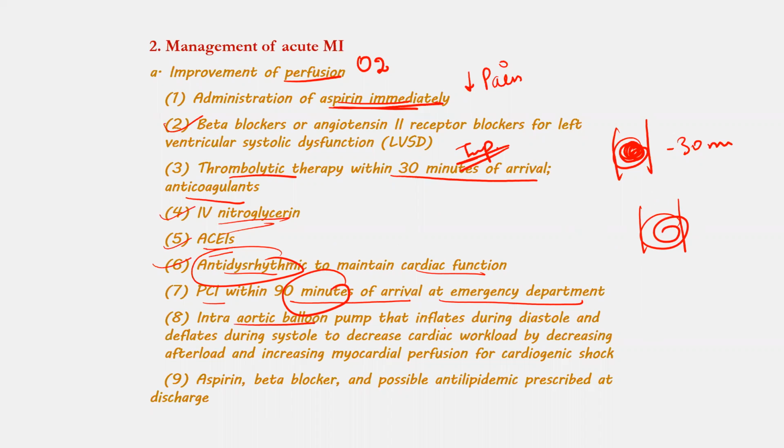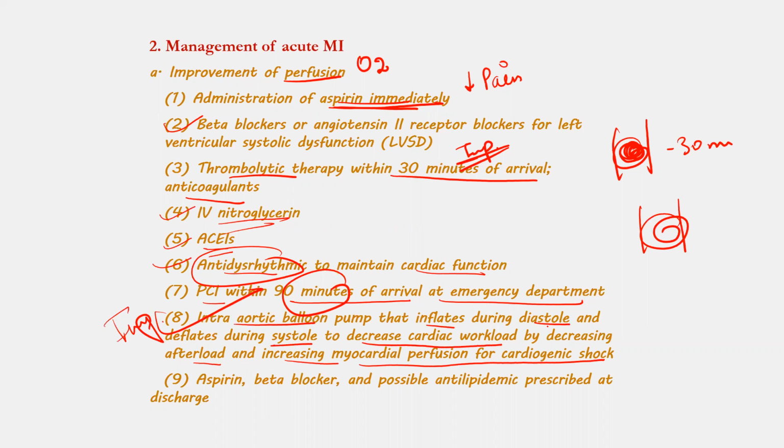Intra-aortic balloon pump inflates during diastole and deflates during systole to decrease the cardiac workload by decreasing afterload and increasing myocardial perfusion in cardiogenic shock. So this is the role of the intra-aortic balloon pump. When this inflates during diastole, that is when the heart is relaxed, when the pumping has occurred.